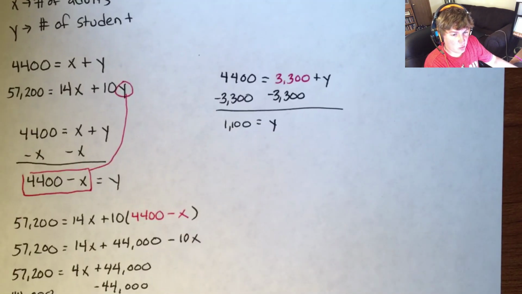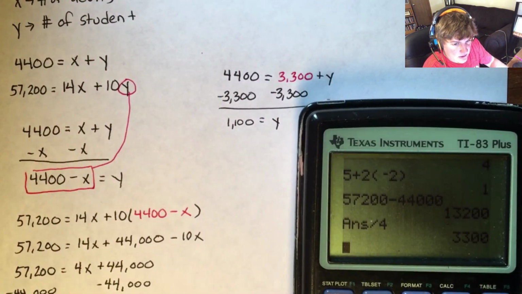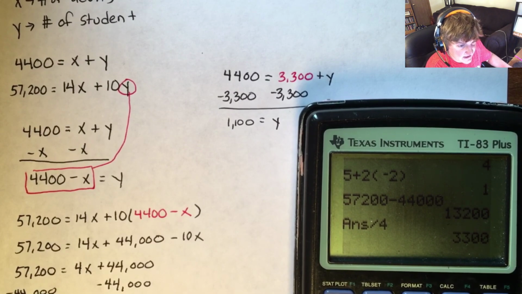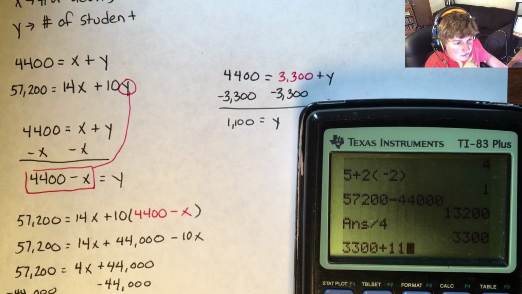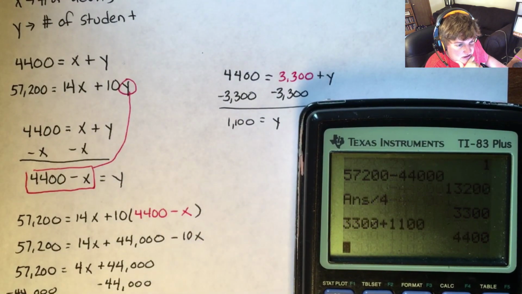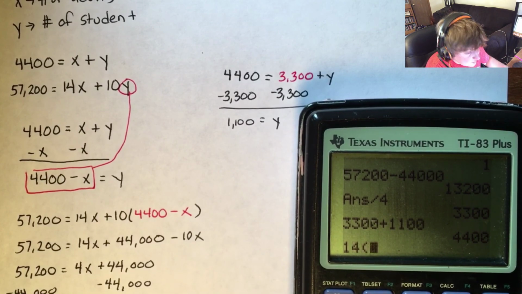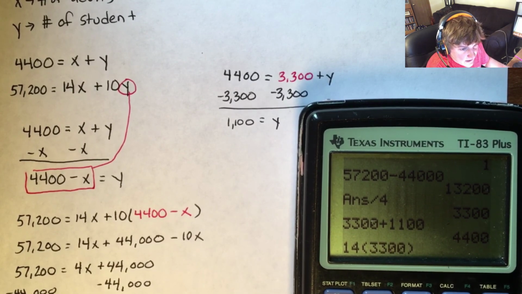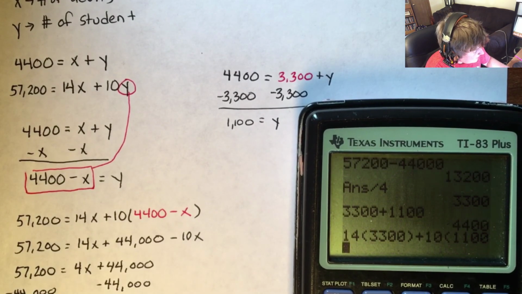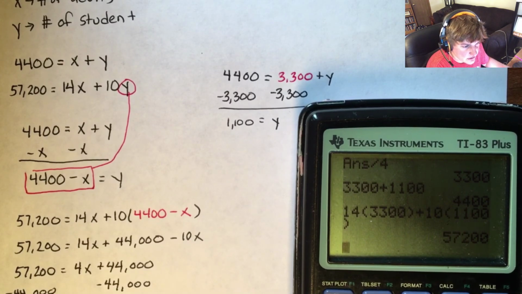Let's go ahead and check our work real quick. If I take x, 3,300, and add to it 1,100, I should get 4,400. So that's the top one. And then if I take 14 times x, which is 3,300, and add to it 10 times 1,100, I should get 57,200, which I do.